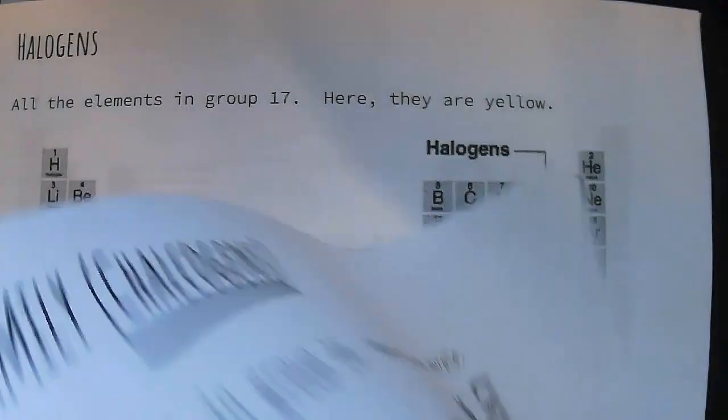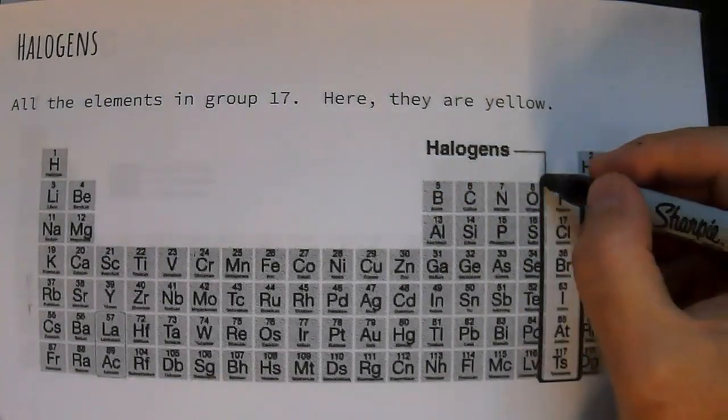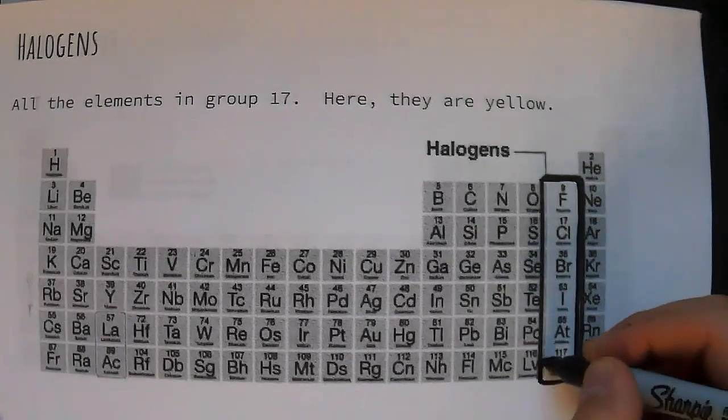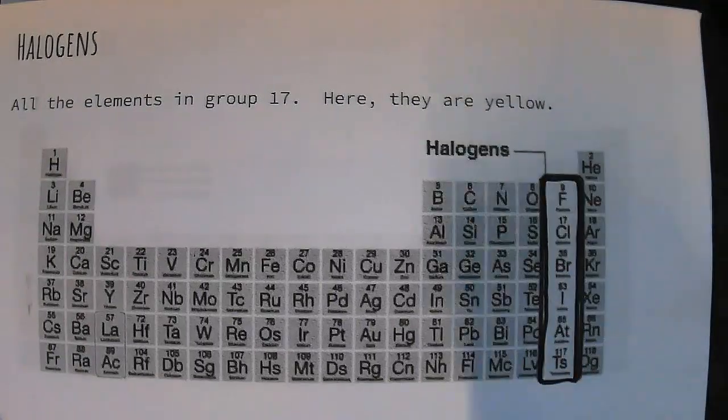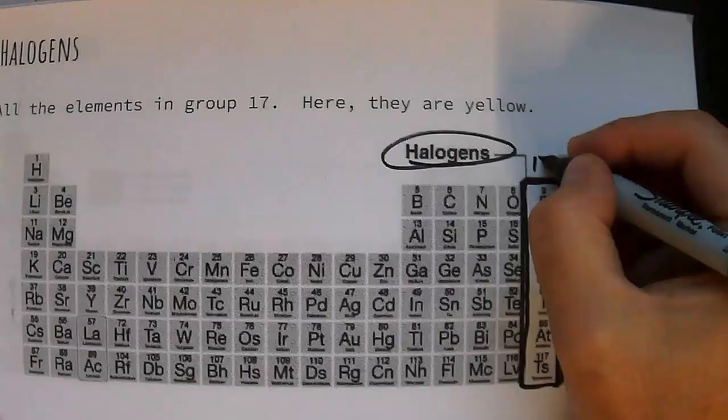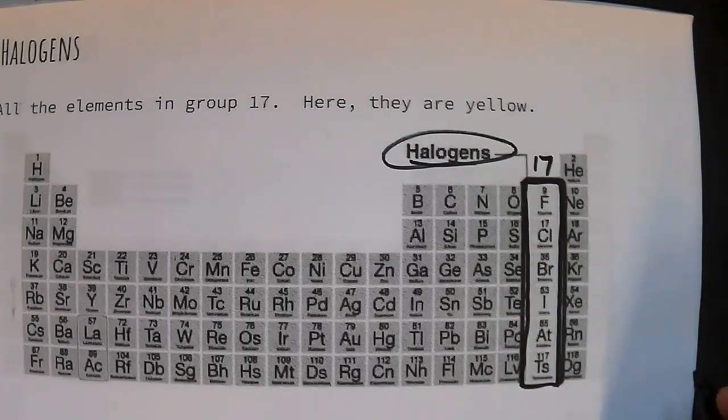And then next to that is the last one of the bunch, and this one people know more than any of them. This is called the halogens. The second to last group, group 17, is called the halogens.